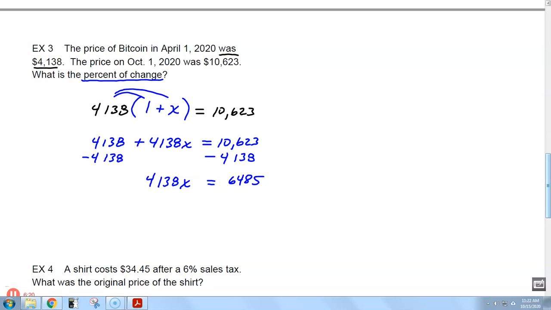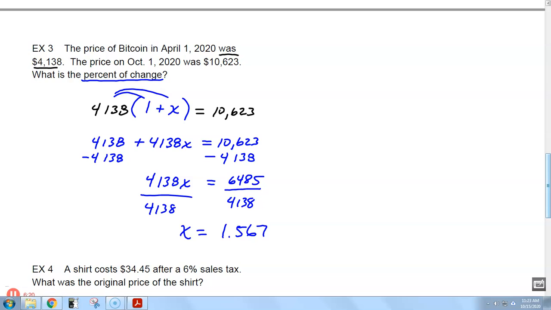That's the difference between the two. That's the change. And then we're going to divide both sides by 4138, and we get 1.567, keep on going, I guess, whatever.